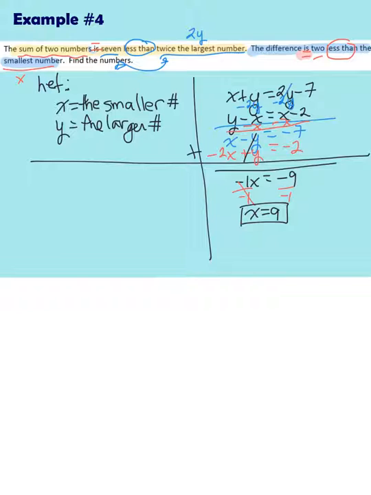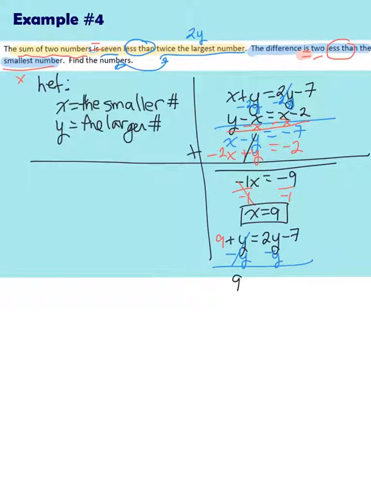So there's one. Then you're going to have to plug this back into one of these two. I'm probably going to plug it into the first one. So instead of x, I'm going to put in a 9, plus y equals 2y minus 7. You want to collect your y's, so I'm going to subtract y.